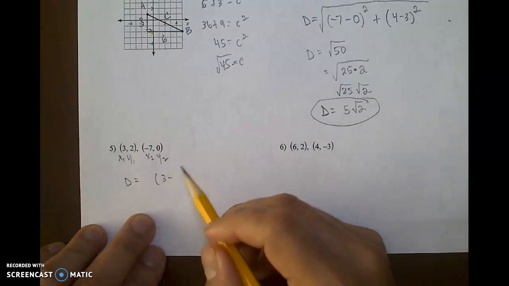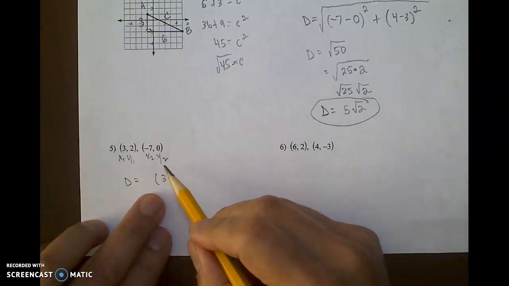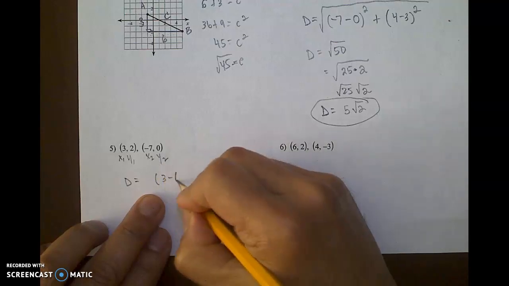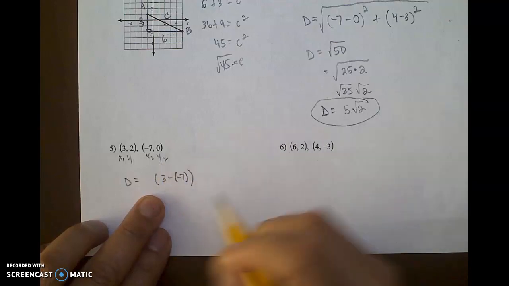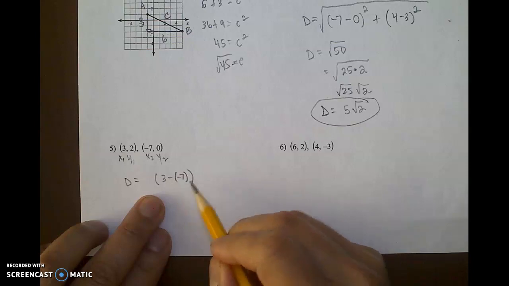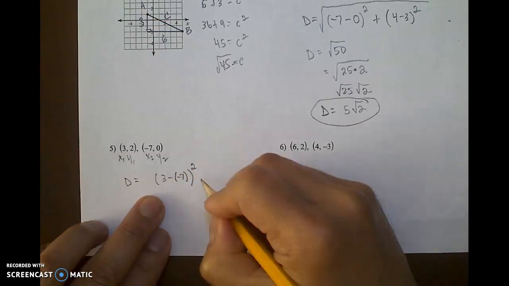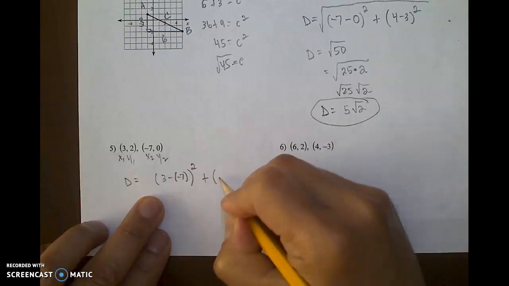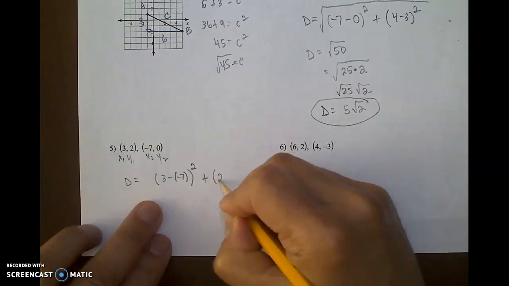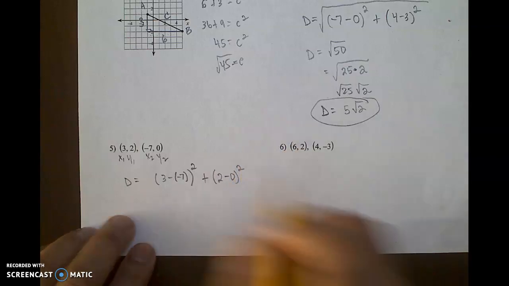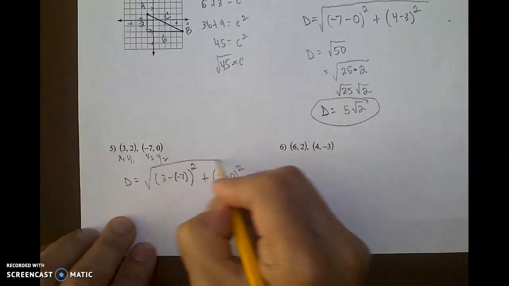Now you've got to be careful. It's x1 minus x2, and x2 is a negative number, so we need to be careful. It's going to be 3 minus negative 7, and then we're going to square it. Plus y1 minus y2 squared. And all of that underneath the square root.